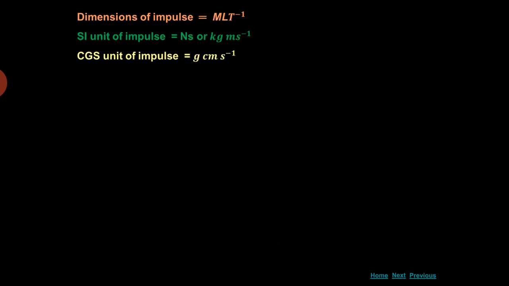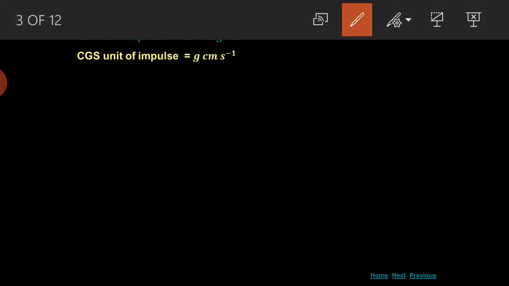Now, what are the dimensions of impulse? They can be calculated from the formula. Its formula is force multiplied by time. So J is equal to F multiplied by time.